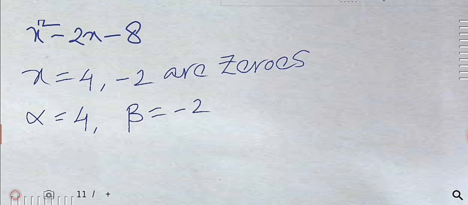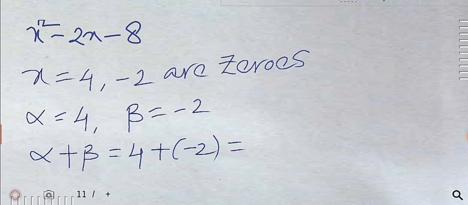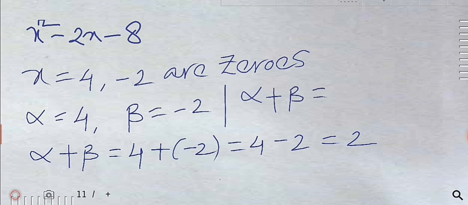Now according to the formula, sum of zeros means alpha plus beta. Sum of zeros is 4 plus minus 2 equal to 4 minus 2 equal to 2. So the result is 2. According to the formula, alpha plus beta equal to minus b by a.